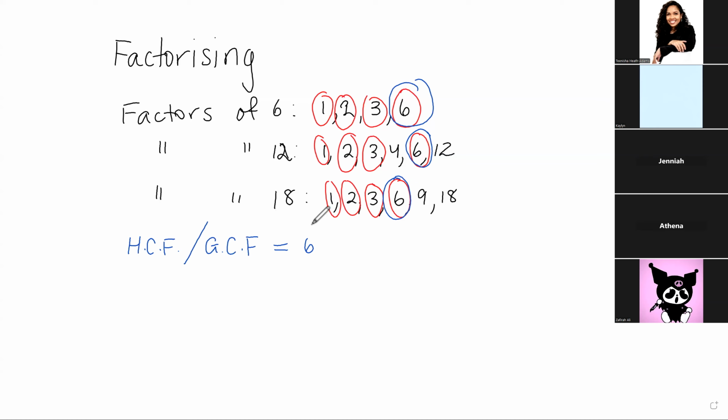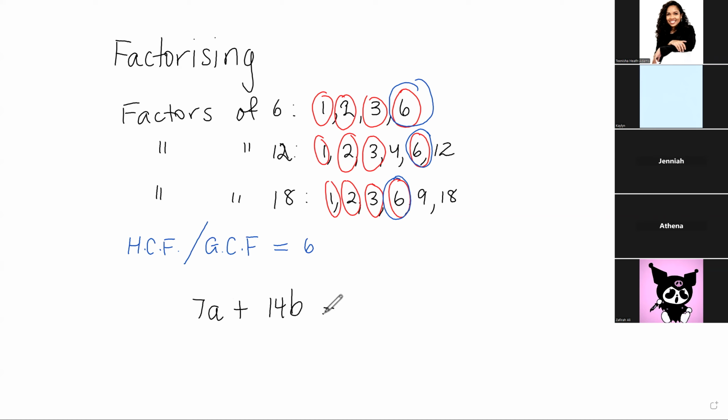Now, just like you could find a common factor with regular numbers, you can also have common factors in algebra. So, for example, if I have 7a plus 14b, well, both 7a and 14b have a common factor of 7 because 7 can go into 7a and 7 could go into 14b.